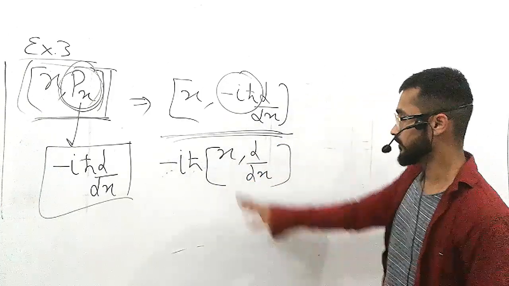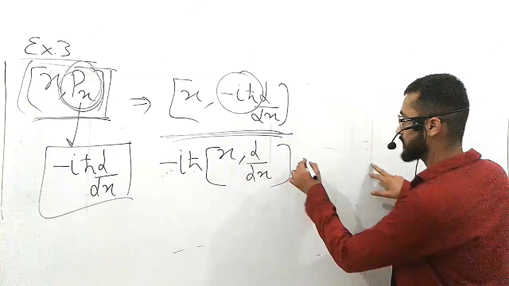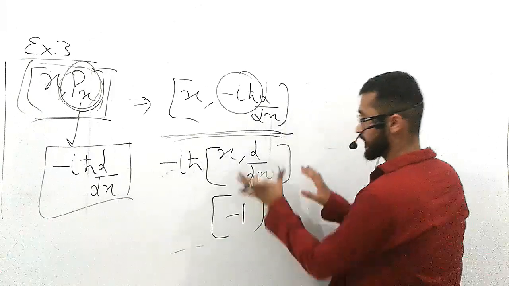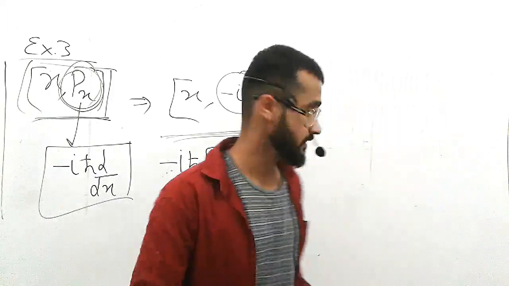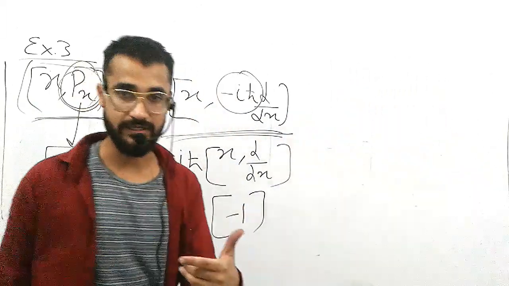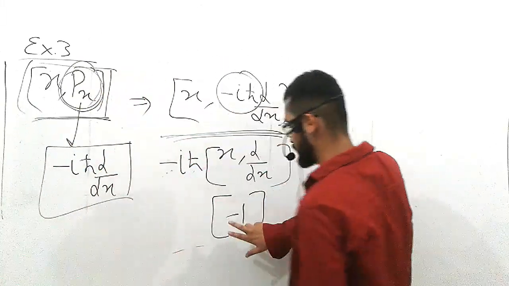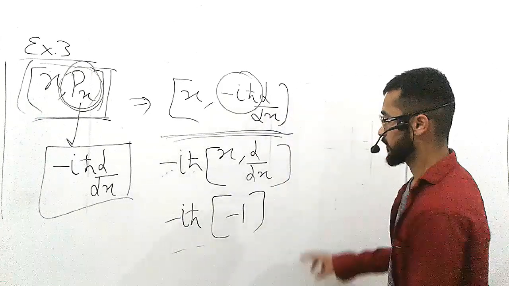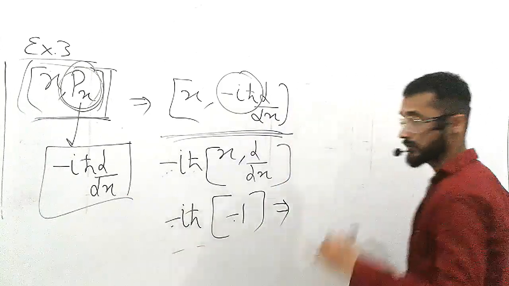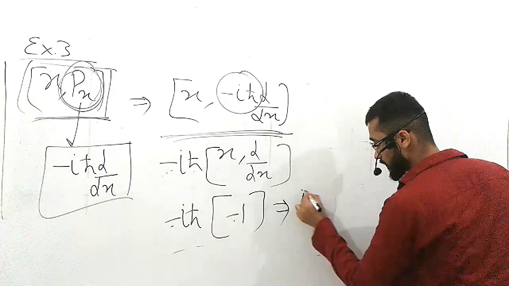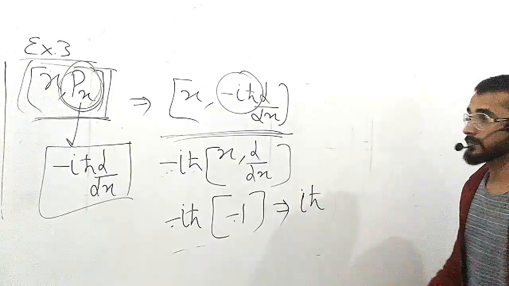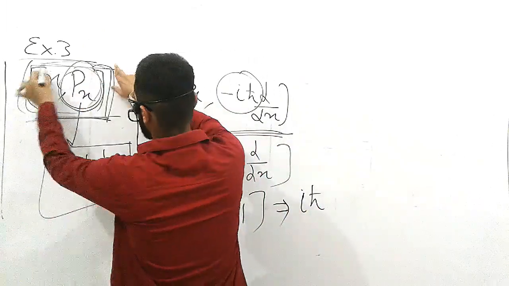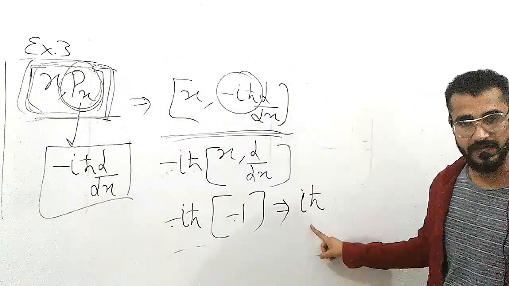As we know, when girlfriend is x, what comes into life? The negativity, minus 1. We have discussed previously that the result of this is minus 1. So minus 1 here and minus iota h cross. The minus and minus will be plus, and it will be iota h cross. So the result of this commutator operation will be iota h cross.